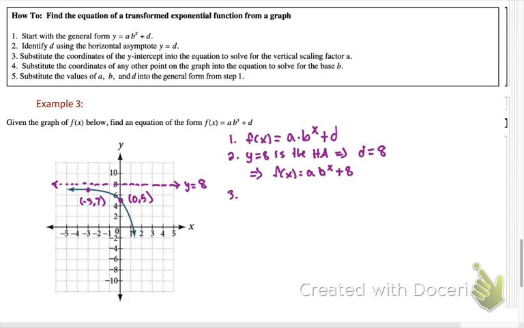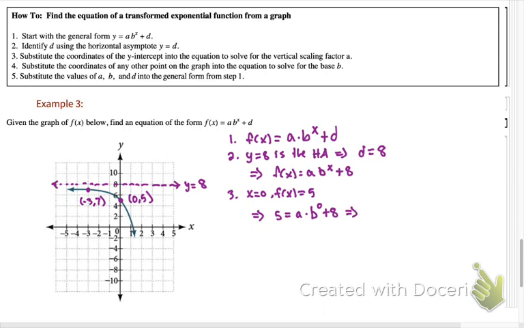Okay, now step 3. When x is equal to 0, using the y-intercept, f of x is equal to 5. So substituting that into the equation from step 2, we have 5 equals a times b to the 0 power plus 8. And anything to the 0 power is positive 1.